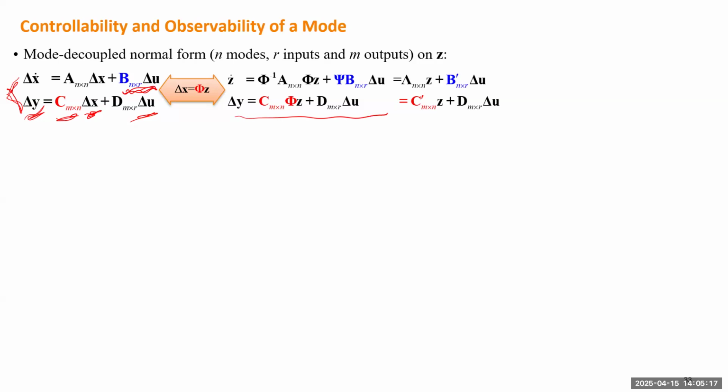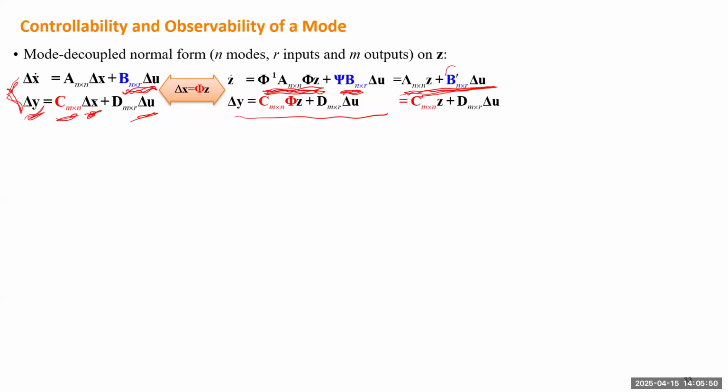In the second set of equations, this one just diagonalizes the A matrix, and the phi inverse here is just the inverse of phi, because both sides are multiplied by phi inverse. Then it gives us the first differential equation, which is only about the decoupled mode, the state variable Z.